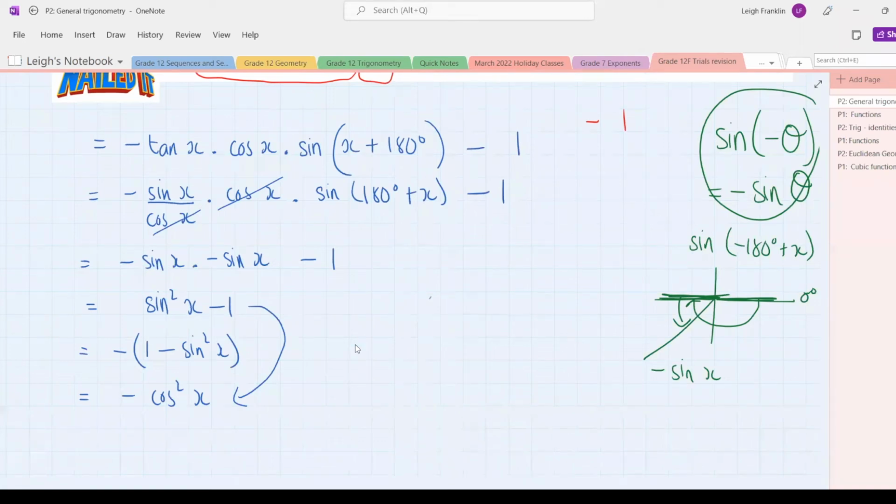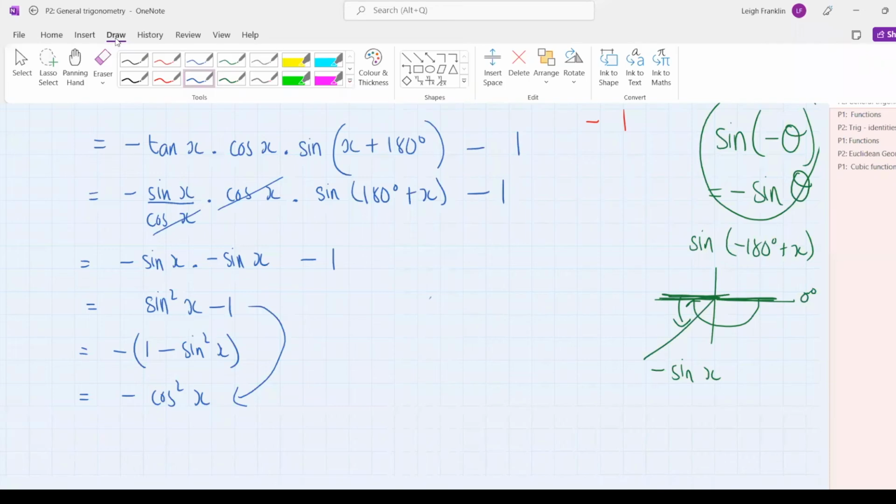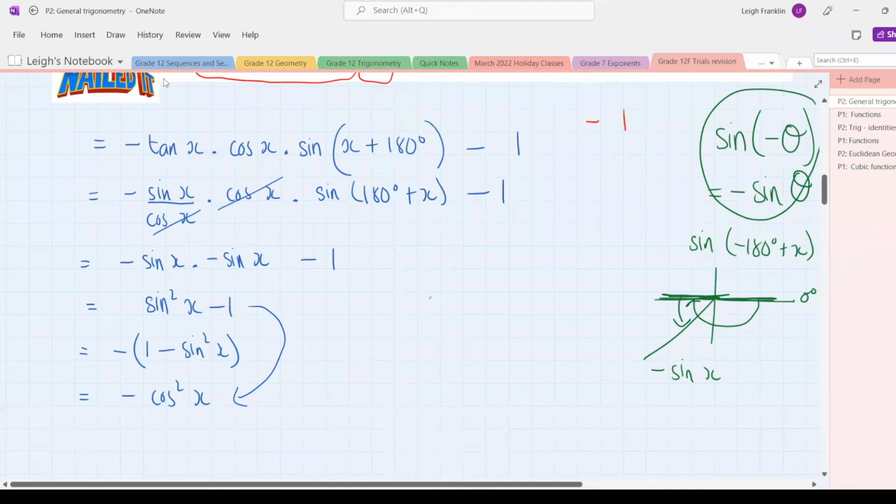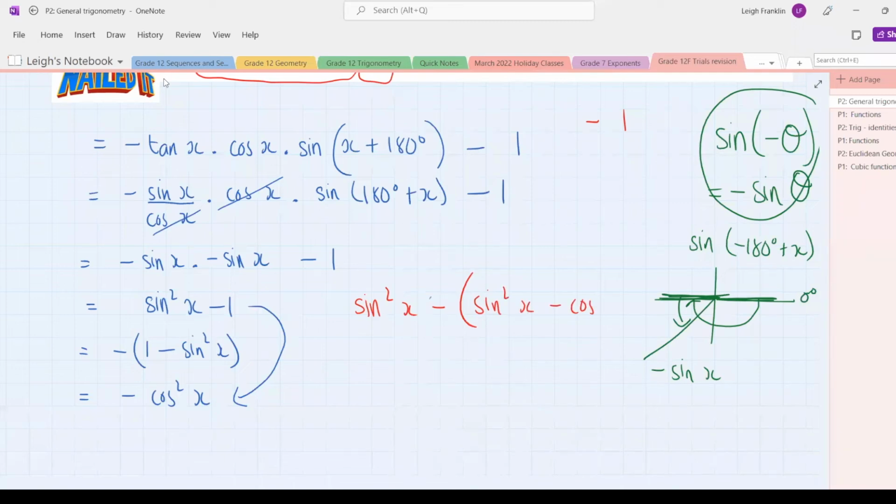The alternative that I would have here was as what Kat had said. Either I would factorize and take out the negative and do as I've done it here, or your alternative is to do what Kat said, which I think is a really nice suggestion, is to go sine squared x minus, and then 1 is sine squared x plus cos squared x.